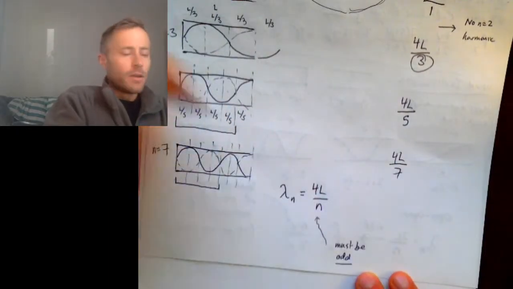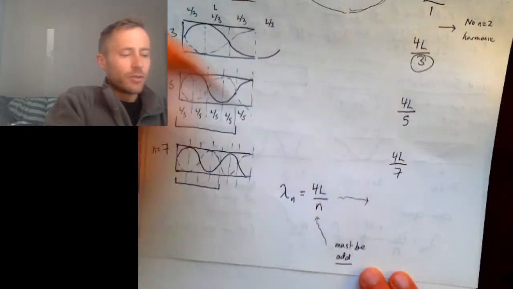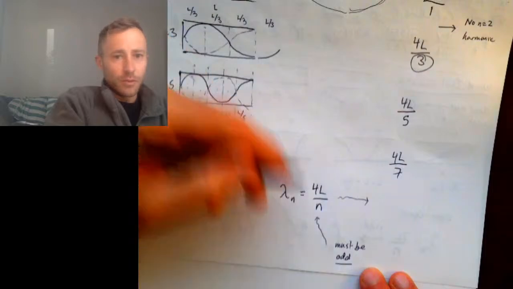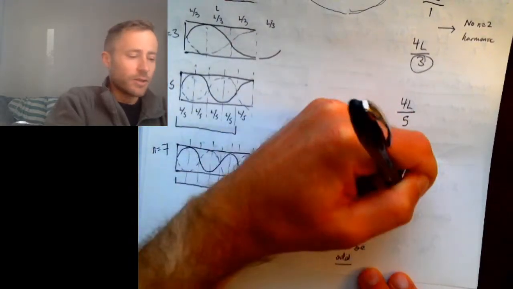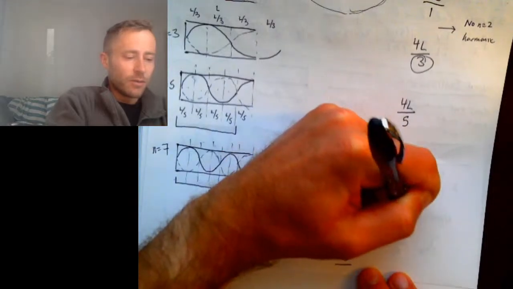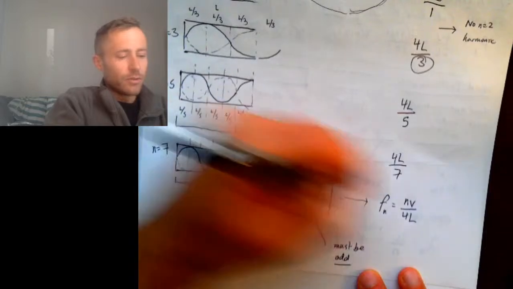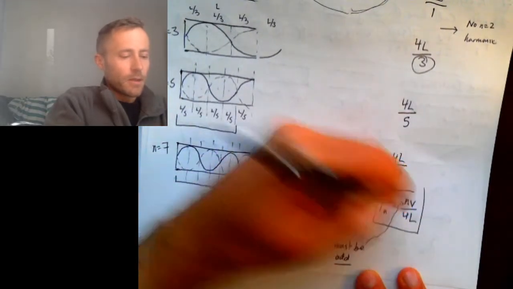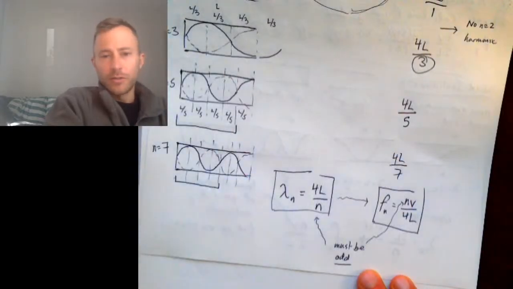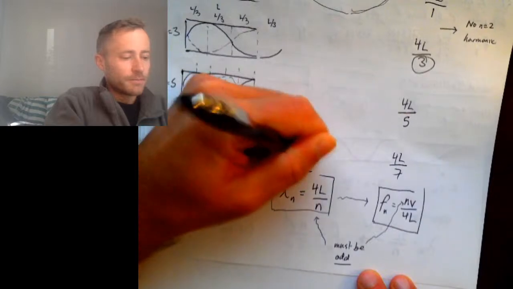Then of course we can use v equals lambda f, and so we can determine the frequency of the nth harmonic. The frequency of the nth harmonic is nv over 4L. So these are the two equations for an open-closed instrument.